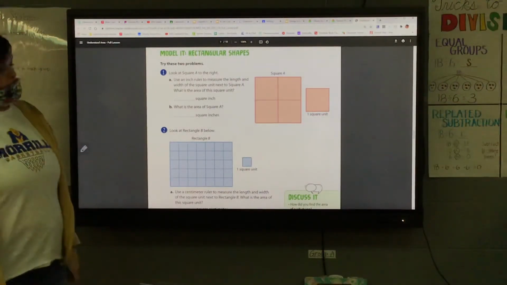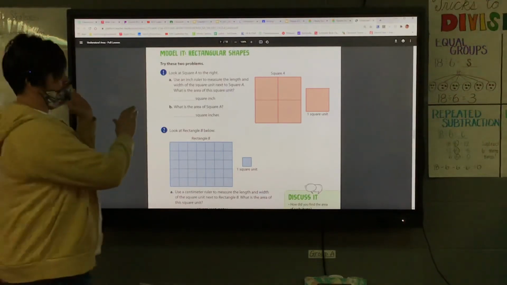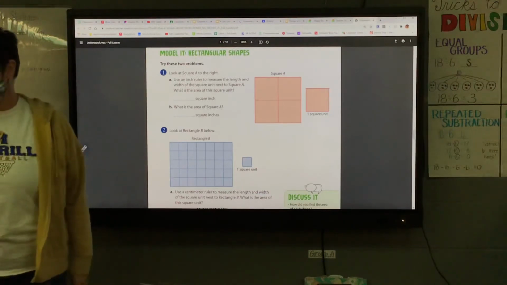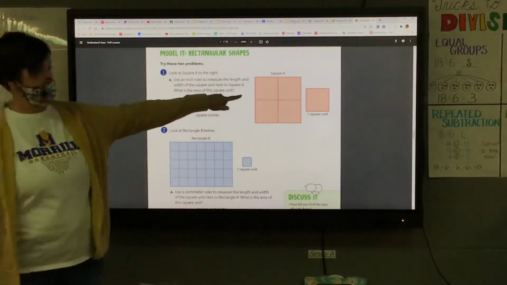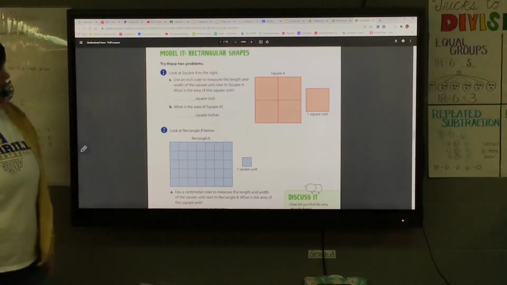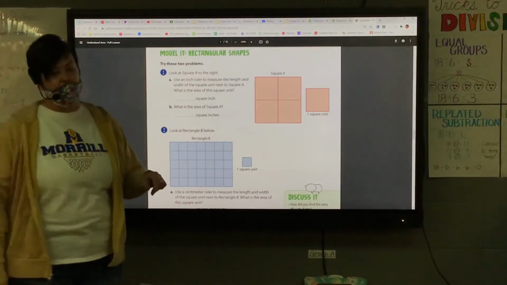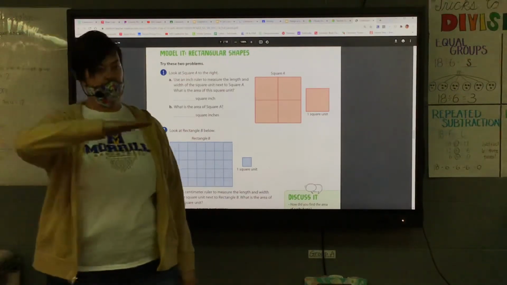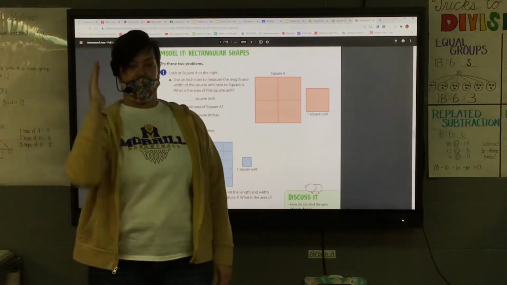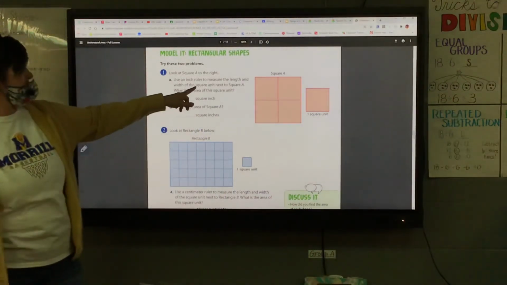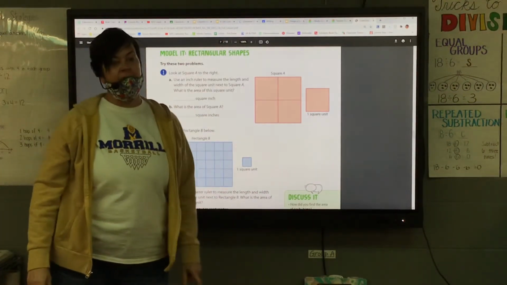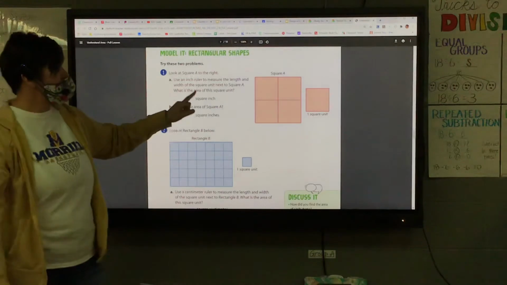Okay, so part A, looking at square A to the right here. Point to square A in your workbook. Use an inch ruler to measure the length. Do you remember which way length goes? Length and width of the square unit.